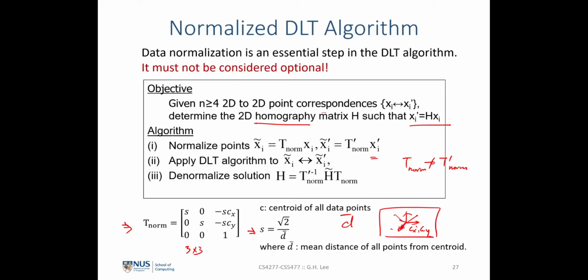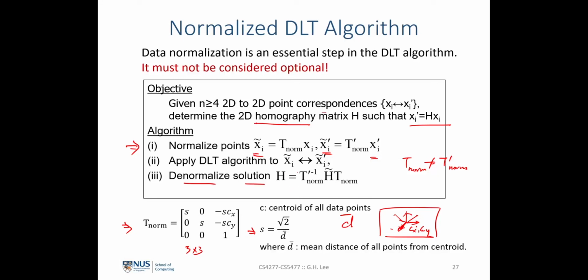And after applying this, we'll get the new set of correspondence points xi tilde and xi prime tilde. Then we'll use this set of point correspondences to compute the homography. And finally, we'll have to denormalize the solution.